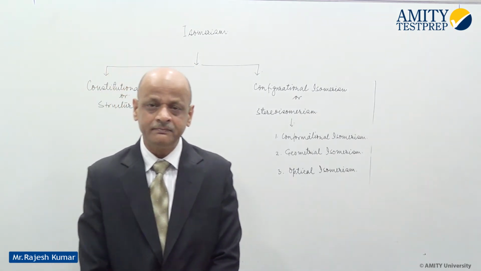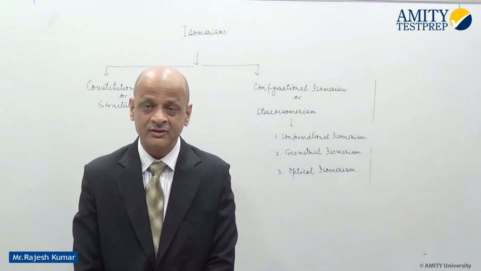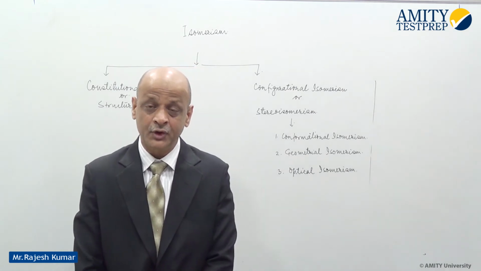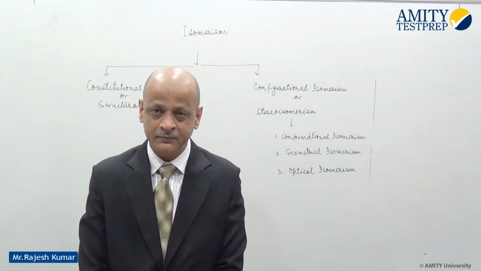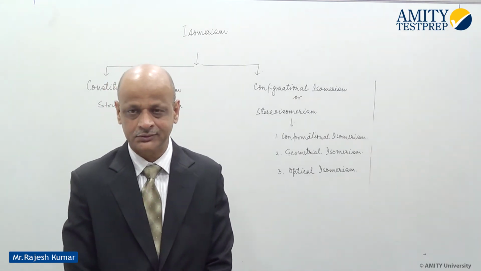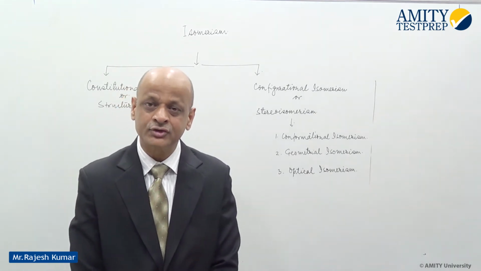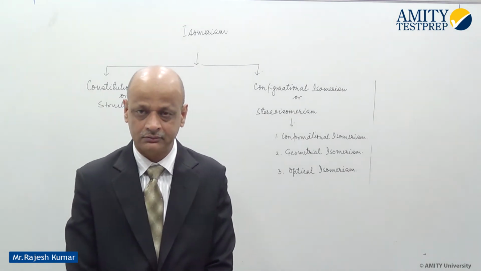In this isomerism, there is reversible intramolecular rearrangement. Two forms of a molecule are in equilibrium and both forms have two different functional groups. Since both forms are in equilibrium, the separation of the two different functional groups is a bit difficult.